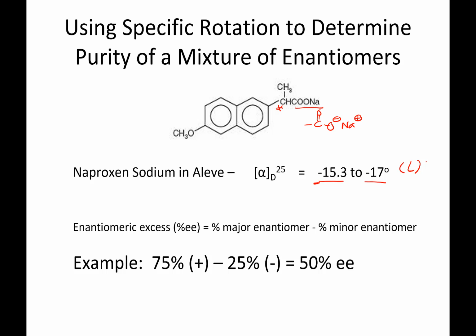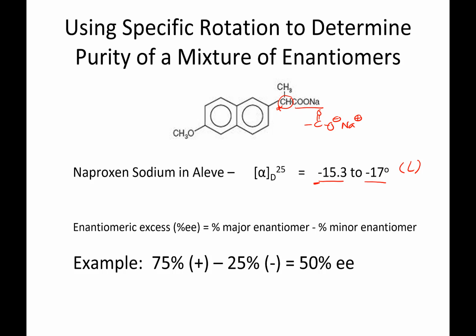This should not metabolize in the body to the D form, which it will not, because the chiral center here is a carbon with a methyl group and the carboxylic acid. That molecule will not racemize, and it'll become a little bit more apparent as we move through the semester why that's not the case. So this is a pretty good drug in terms of if we can make it 100% pure in the L form, then it'll take care of my headache or some of my pain, but it won't destroy my kidneys. Okay.